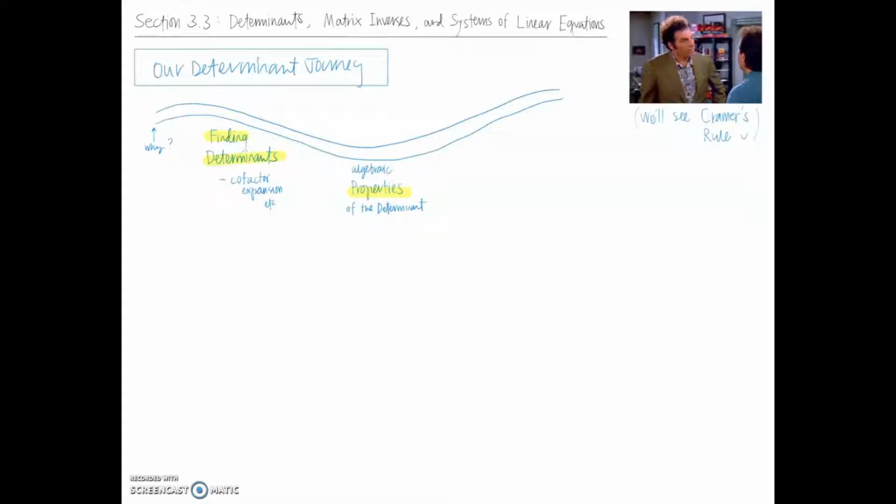And past section 3.3, we would get into some really cool things with the determinant. So we finally get to see in a deeper way some of the uses of the determinant. And we'll see that it becomes really relevant in terms of invertibility of a matrix. You know, we know that not all matrices can be inverted, and solving systems of equations in a different way than we've seen before.